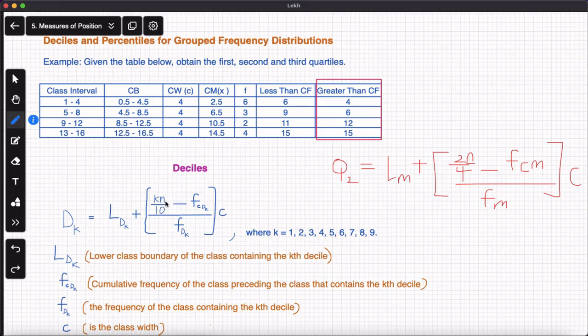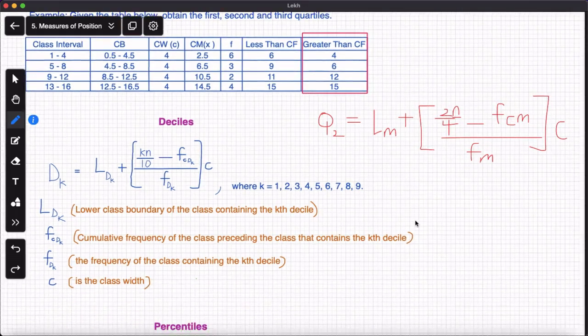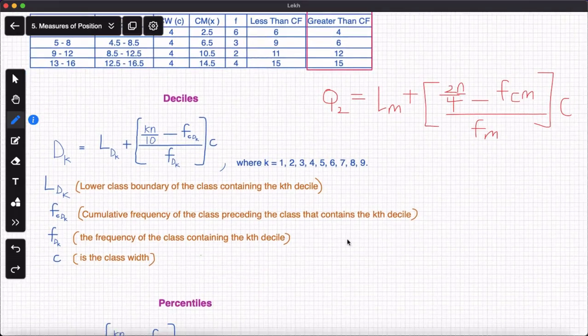So we have K because, okay, I think it's very much okay here if I just make this general also.